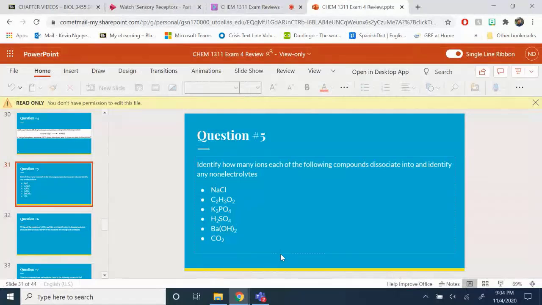None. Exactly. It's going to be a non-electrolyte. Again, you need to be able to identify whether something is an ionic compound or a covalent compound, to differentiate whether it's going to be an electrolyte or not. So CO2 is a covalent compound, does not break apart into ions, so it's going to be a non-electrolyte.